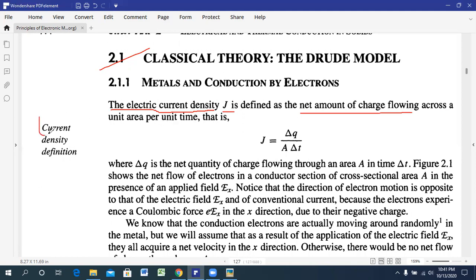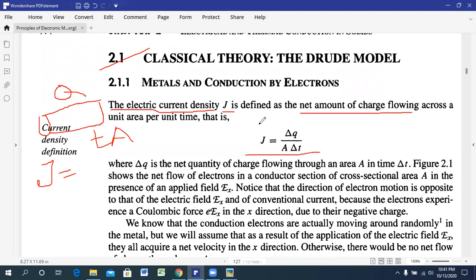That means if we consider that one as an electric conductor, and the amount of charge is q and that one is flowing per unit time t, and also across the cross sectional area A, then this can be defined as J equals delta q divided by A t.